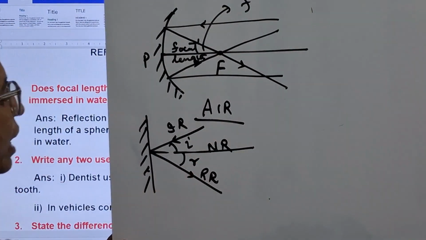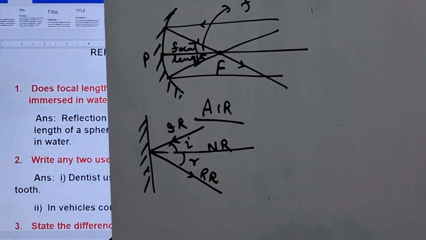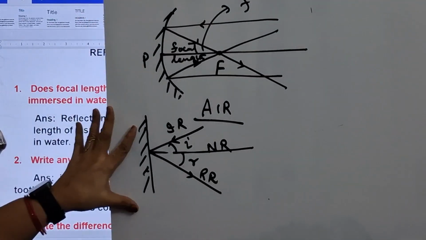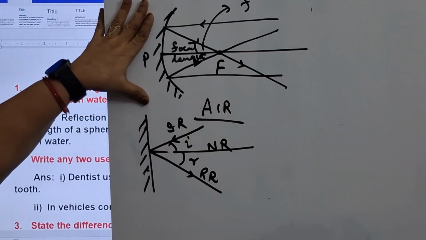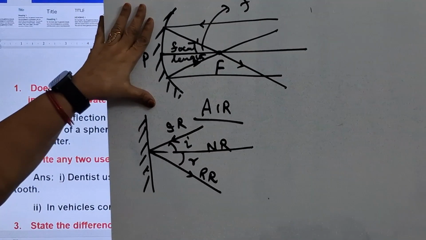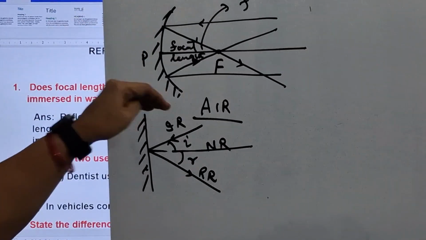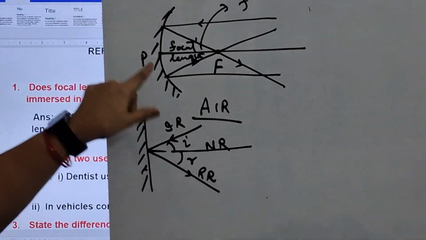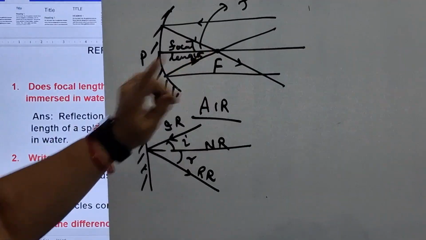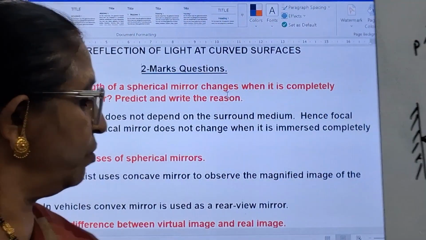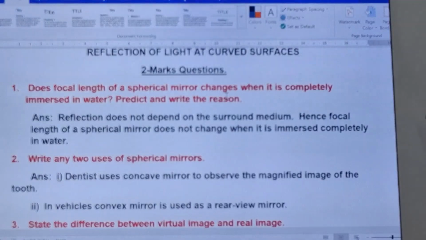This is called the angle of reflection. This is a plane mirror, and this is a curved mirror, children. So here this is a concave mirror. When this concave mirror is dipped in water or any other medium, does the focal length change or not? What is the answer, children?